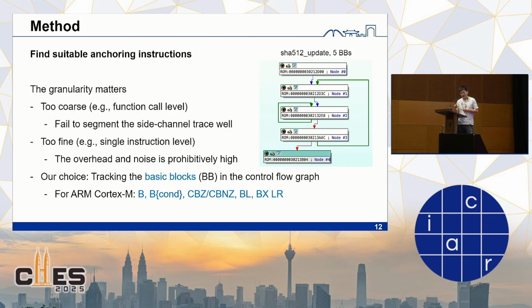Okay, so after balancing the trade-offs, we decided to track at the basic block level in the control flow graph, since it almost always corresponds to a specific step in the cryptographic algorithm. And for the ARM Cortex-M architecture, it means we have to track the branch-related instructions.